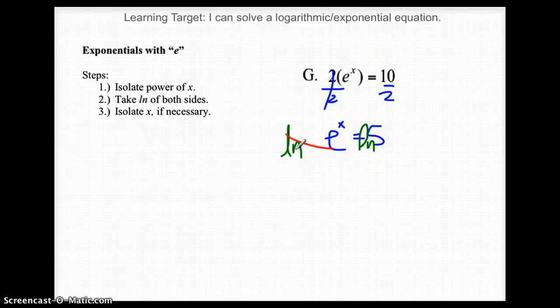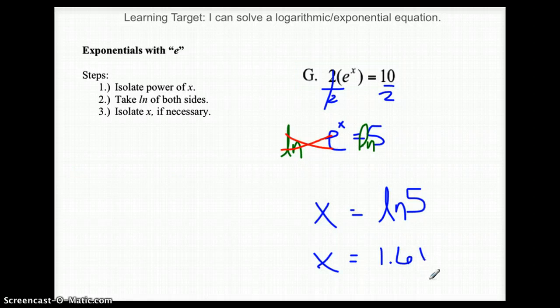So these guys got rid of each other, and I'm simply left with x equals the natural log of 5. But now on your calculator, by the log button, there should be an ln button. So I can find the decimal value of natural log of 5, and rounded, it's actually 1.61 if I round 2 places. Pretty cool.